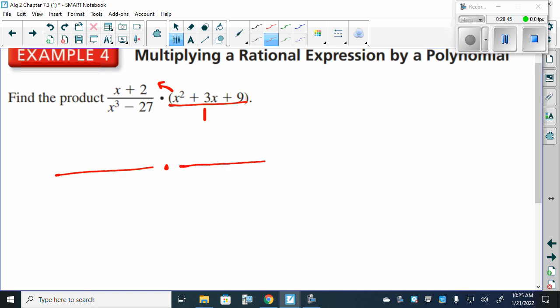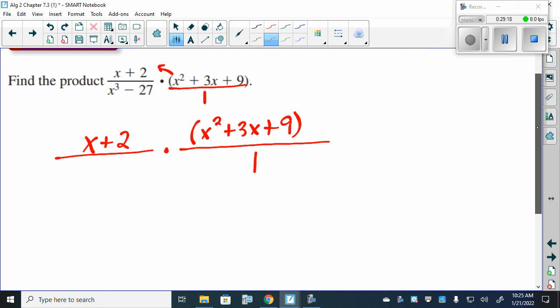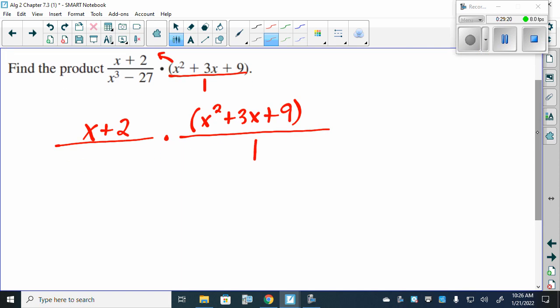So if we looked at the multiplication here, this part here would be 1. The numerator for the first one is just going to stay x plus 2. Because most likely this here will be the cubic part of our perfect cube trinomial.